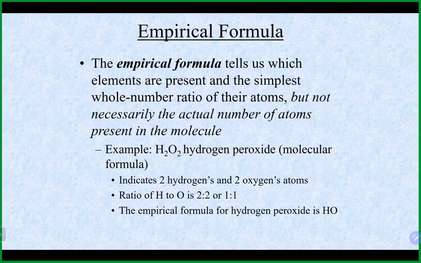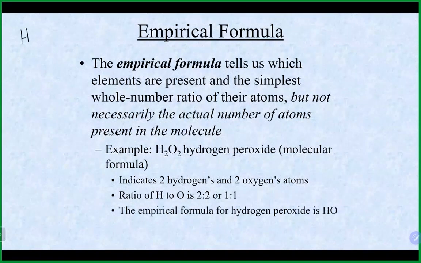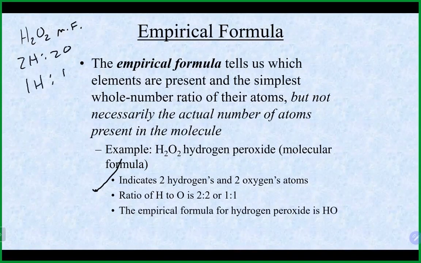As we can see here, H2O2 is the molecular formula for hydrogen peroxide. That is 2 hydrogens for every 2 oxygens, which, if you divide by 2, is the same as 1 hydrogen for every 1 oxygen, which gives us an empirical formula of HO.